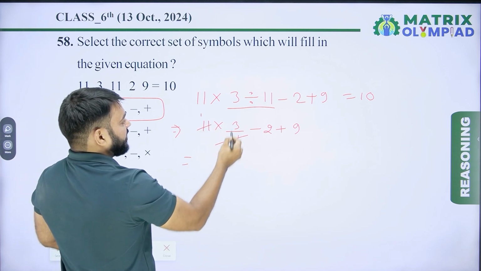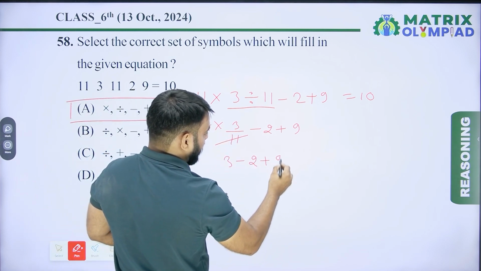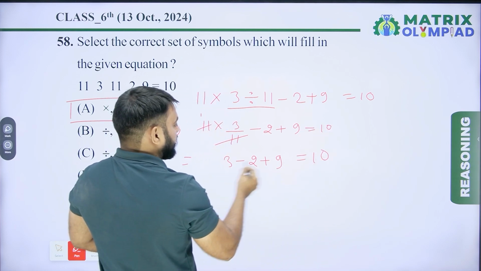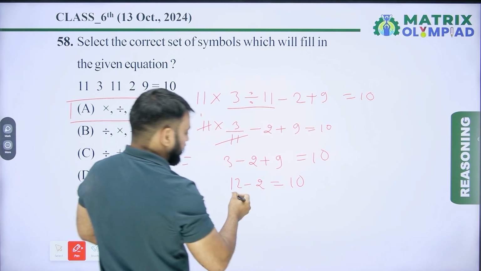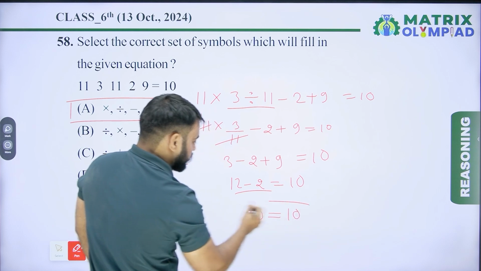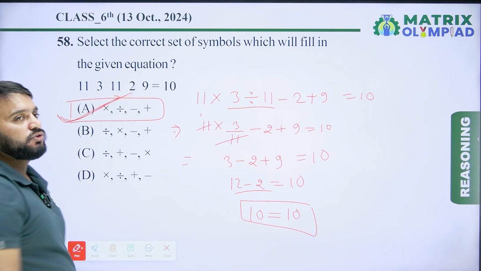So 1 multiply by 3, it means 3 minus 2 plus 9 is equals to 10. So 3 plus 9, it means 12 minus 2 is equals to 10. 12 minus 2, it means 10. 10 always equals to 10. So now here option A is the correct answer of this question.